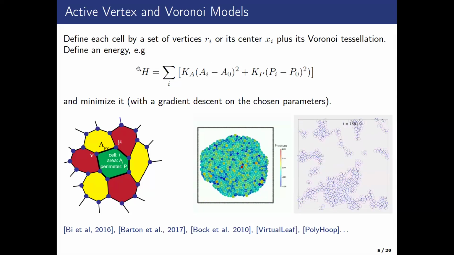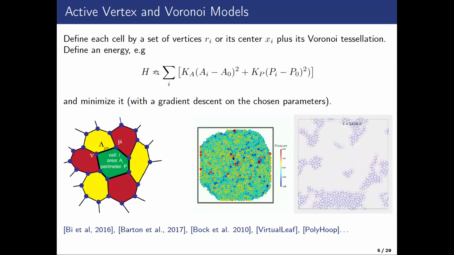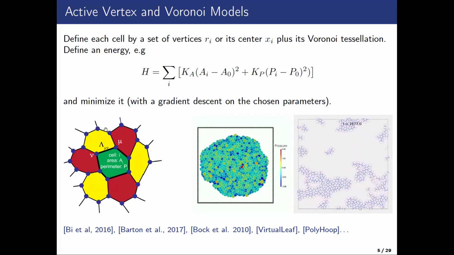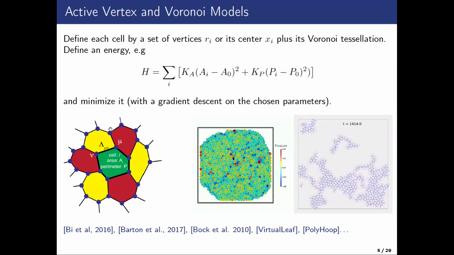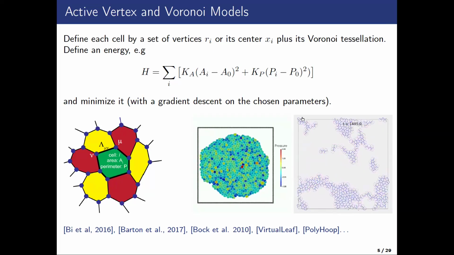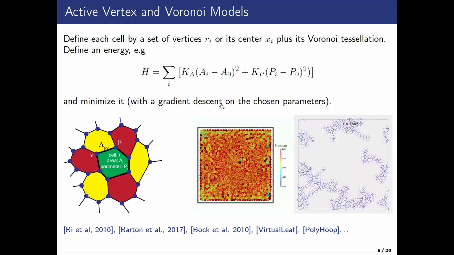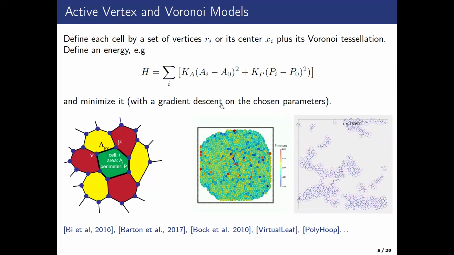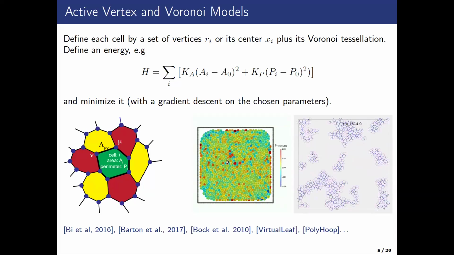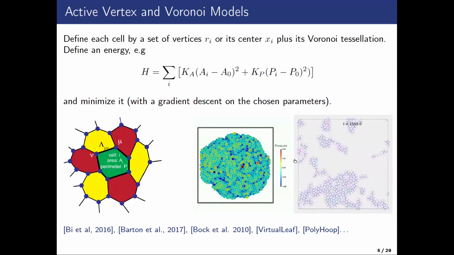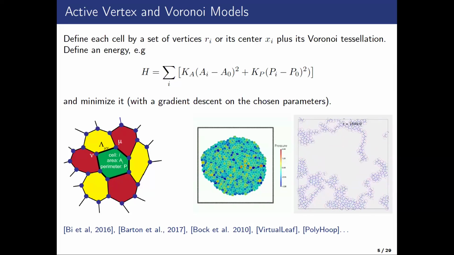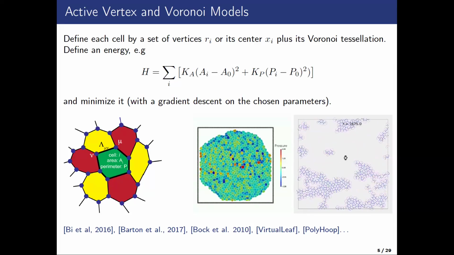And if you minimize that with typically just a gradient descent on the parameters, so the parameters would be the position of the vertices, and in the Voronoi diagram would be the centers of the Voronoi tessellation, then it gives something quite realistic. So here's the simulation of just cells growing, and I think the color is the pressure, and here's just random motion in some kind of not completely saturated space.